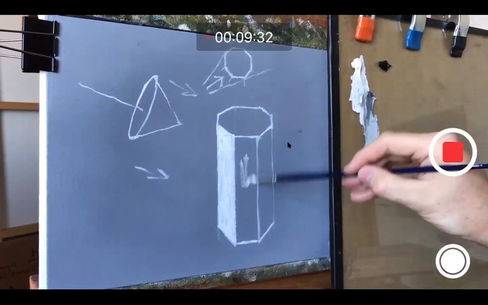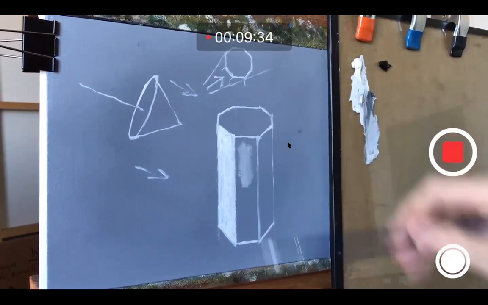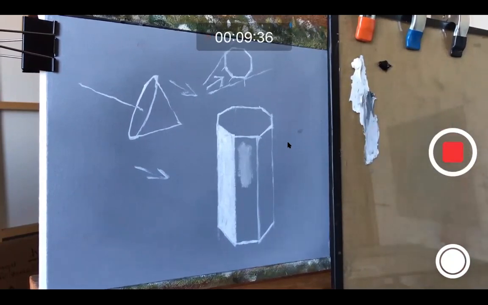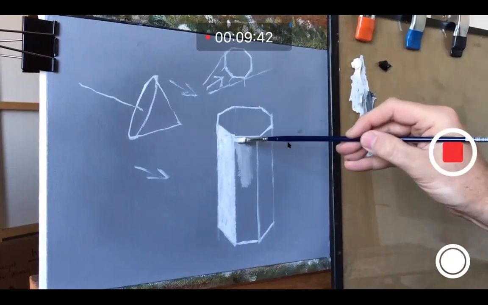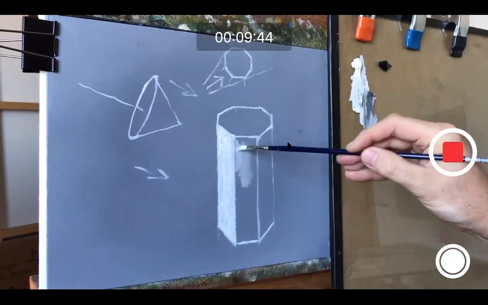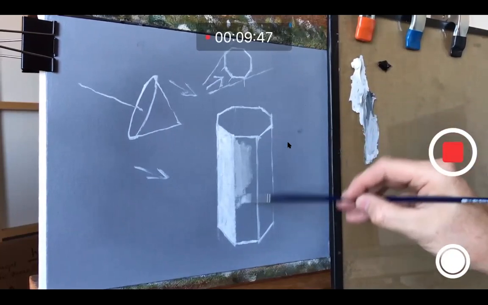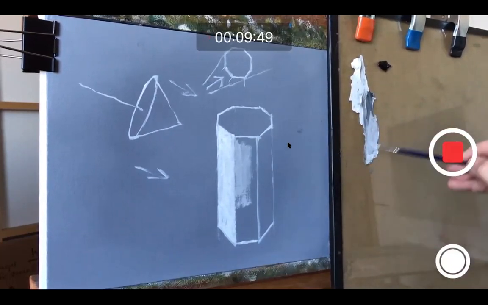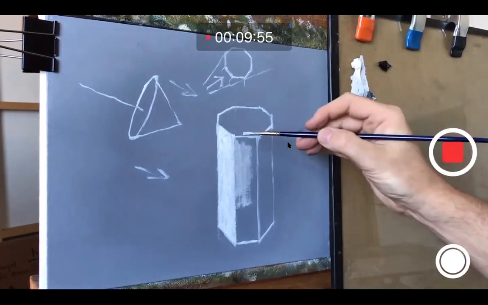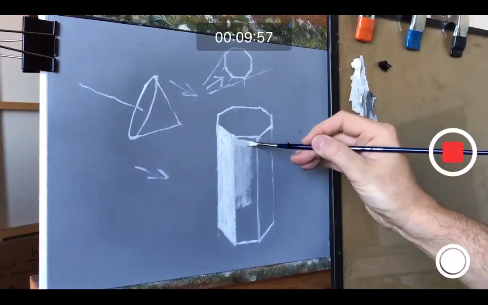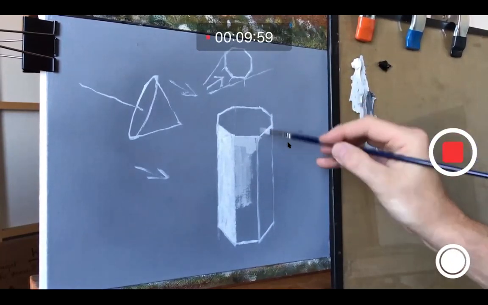This plane is at an oblique angle to the light source. It's illuminated, but not as strongly as the plane directly facing the light source.